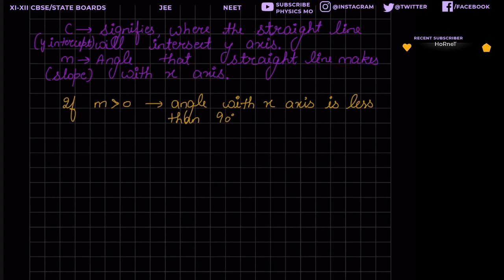And this is because I hope you remember that we have discussed slope in applications of differentiation, and there I told you that value dy by dx was coming to be equals to tan theta, and I told you that it is represented by m, which is slope of a straight line.